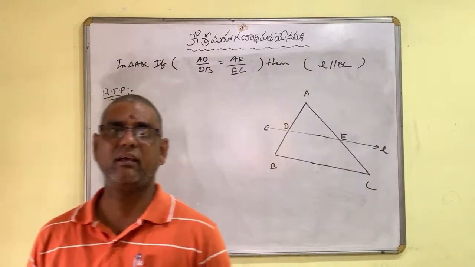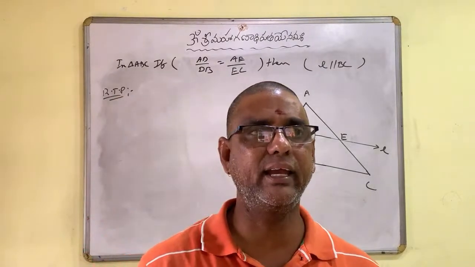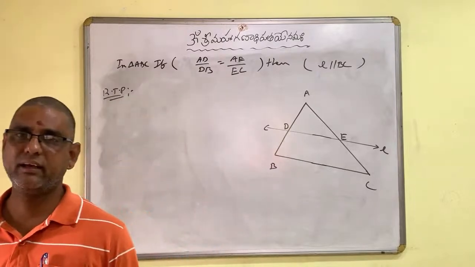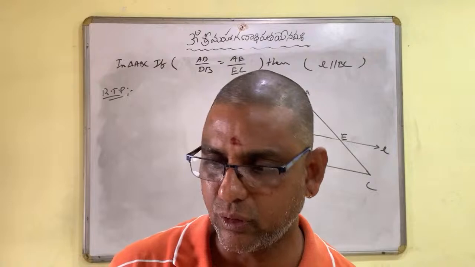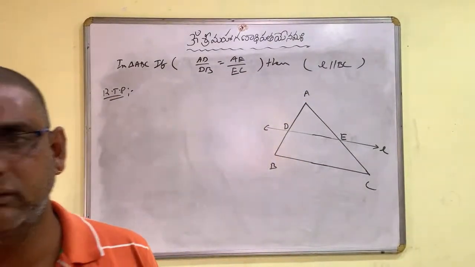Okay? If a line divides two sides of the triangle in the same ratio, then it is parallel to the third side. That's all. Simple.